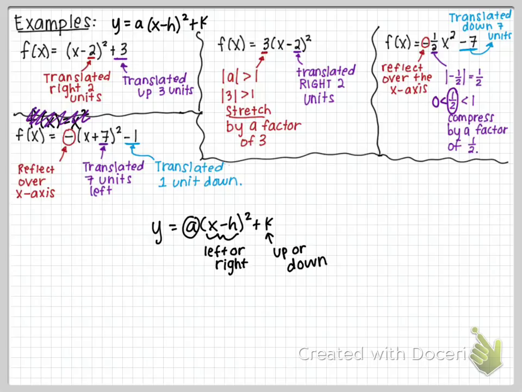And this a tells you stretch or compress, if it's not 1. And if you have a negative sign out here, if it's positive, it's going to look like this, but if it's negative, this tells you reflect over the x-axis, which just means it's going to be going like this now.